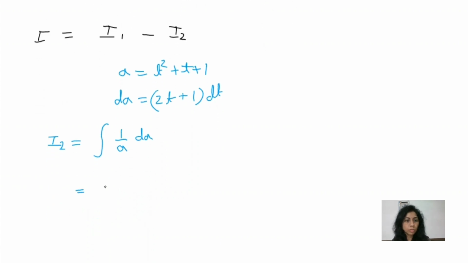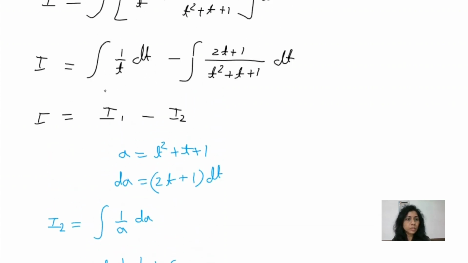So ln absolute value A plus c. What is the A value? A is t square plus t plus 1, plus c. This I2 value we can substitute here. The first one we can integrate, so this will be ln absolute value t.